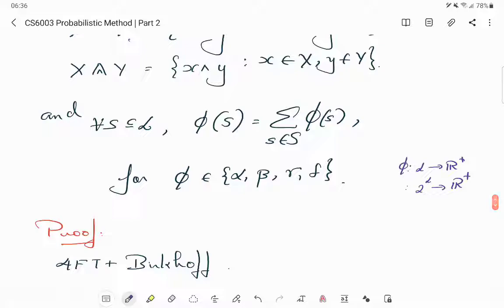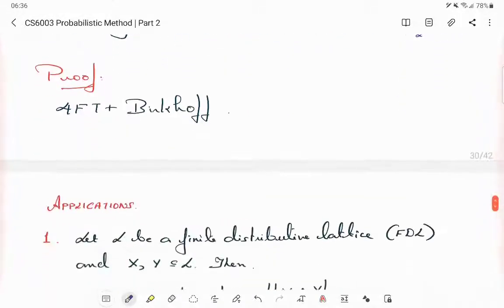I'm not going to give the proof in detail, but you should verify that once you prove the four functions theorem and Birkhoff's representation theorem, this is immediate. You just take the lattice isomorphism from this lattice to the power set and write the four functions theorem for that power set, and it gives you the four functions theorem for these lattices.